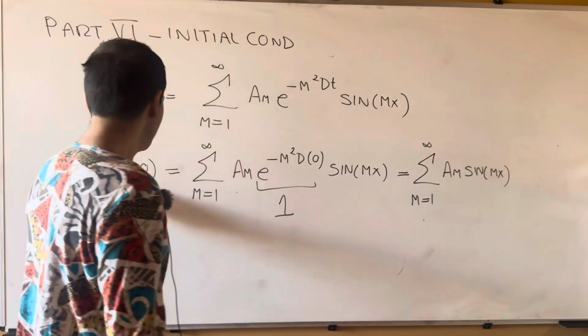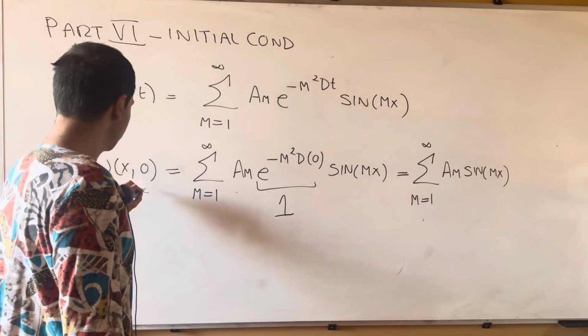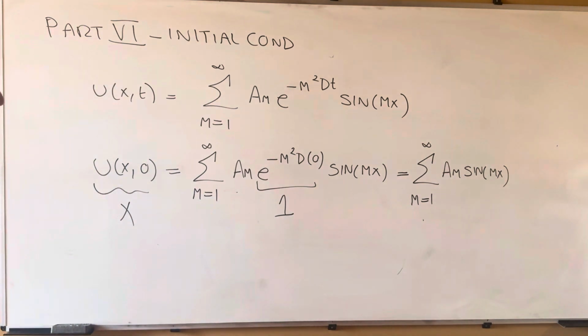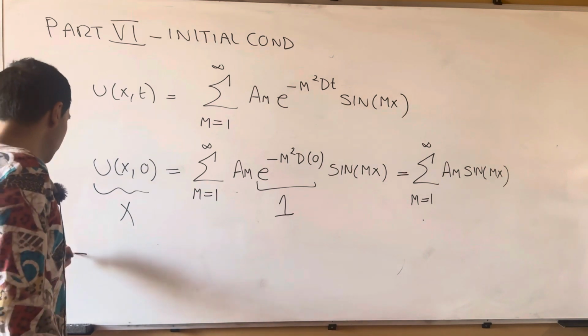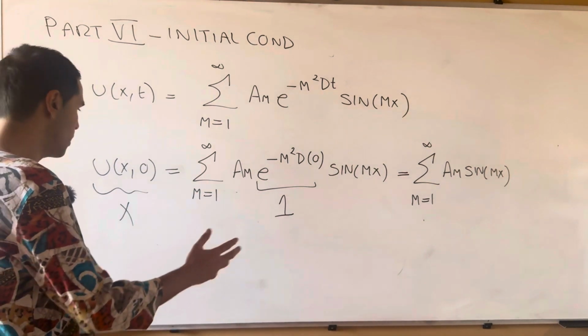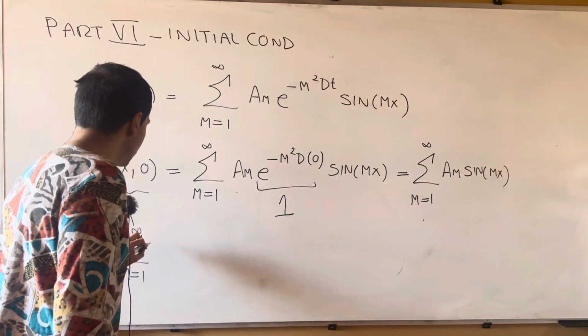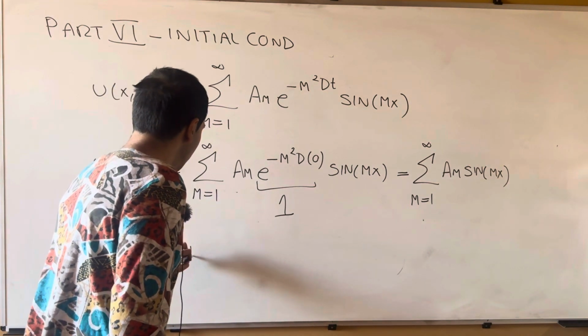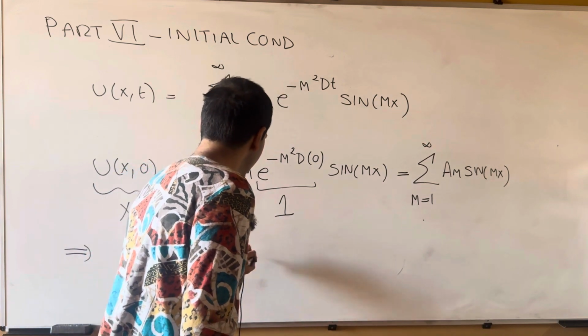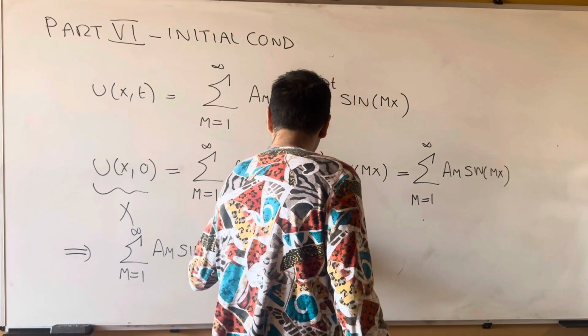And remember, u of x0 is x. So really now the question boils down to, can we find am such that the sum from 1 to infinity of am sine of mx is x?